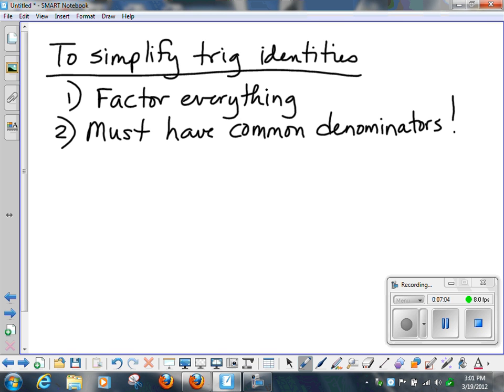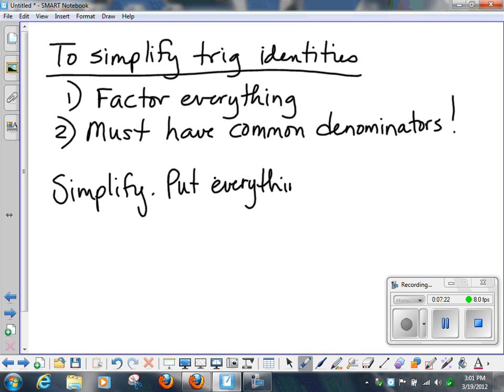All right, you ready to see how this all plays out? So what we're going to do is you would be given instructions to simplify. And you might also be told to put everything in terms of sine and cosine.